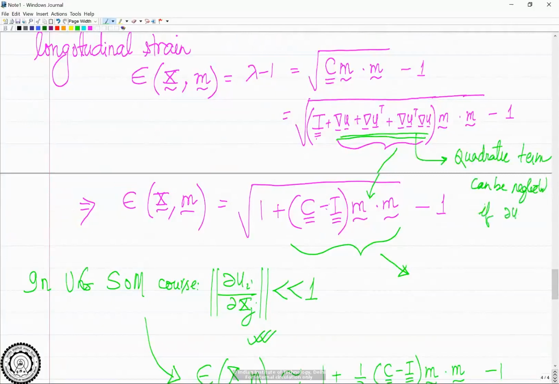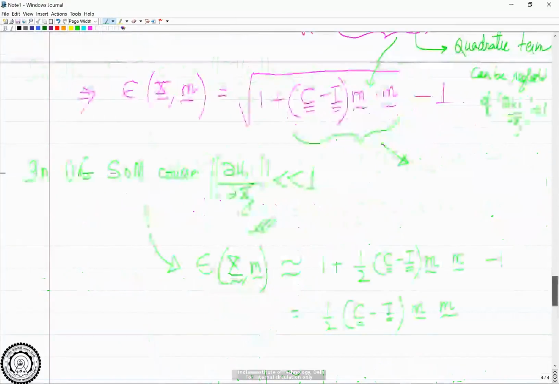If del ui over del xj are much, much less than 1, because you see it has got a product, it becomes even smaller. That's what we learned in the UG strength of materials.